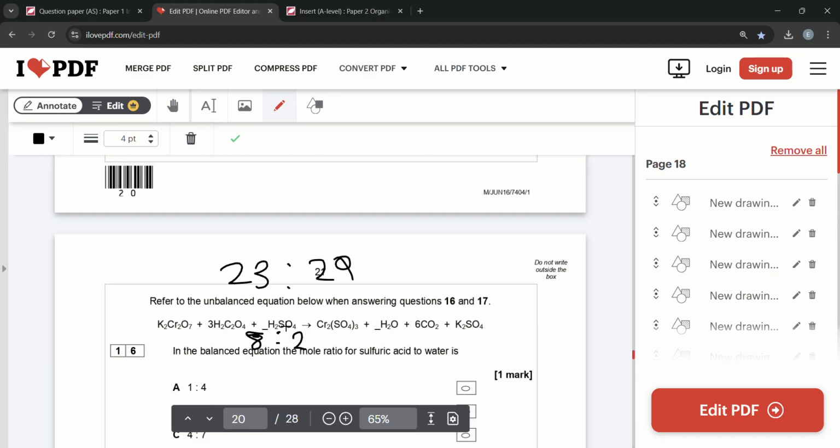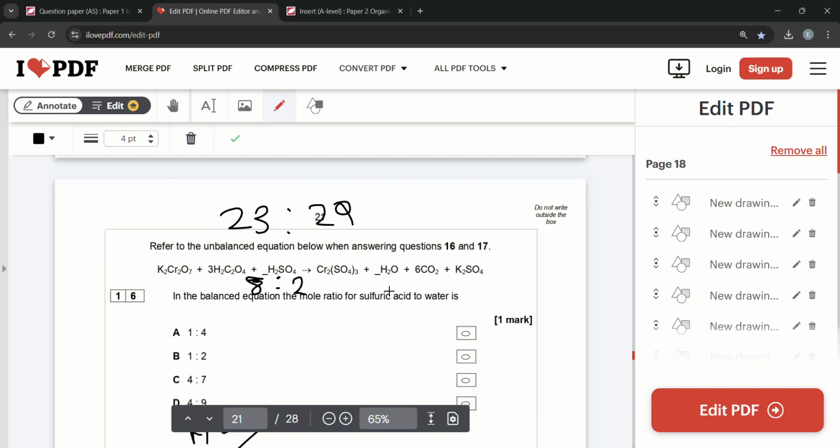So now we just need to look at how to make these the same. Well, for the hydrogens, we need 6 more oxygens on the left hand side, 29 to 29, but I also need 6 more hydrogens on the right hand side. It's getting confusing now.